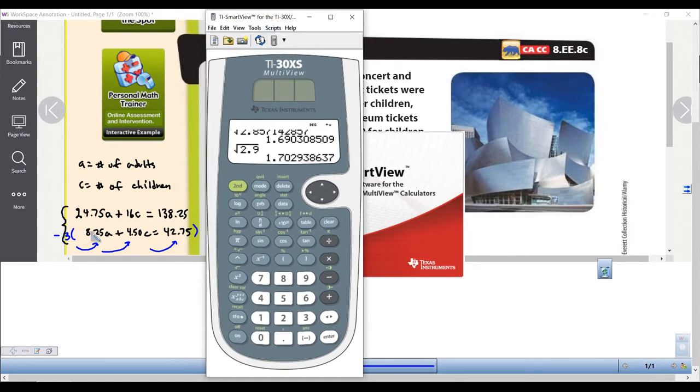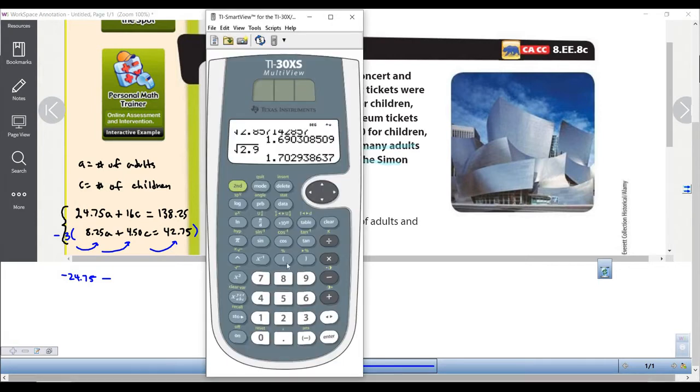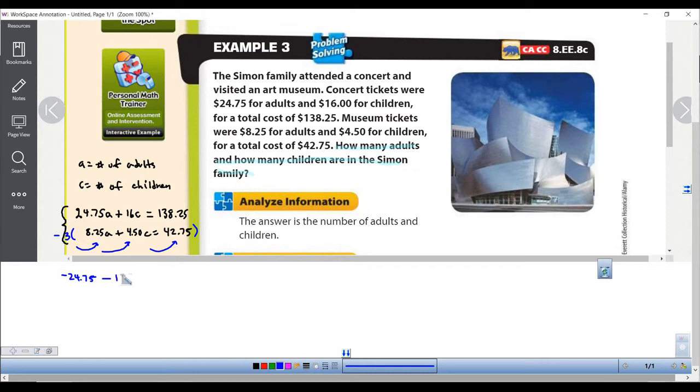So the first thing, I don't need a calculator for this one because I already knew that was going to happen. So I'm going to have -2475, right? That's what -3 is. And then I'm going to go minus, and I don't really need a calculator for this one, but I'll do it for you guys. 450 times -3 gives me -1350.